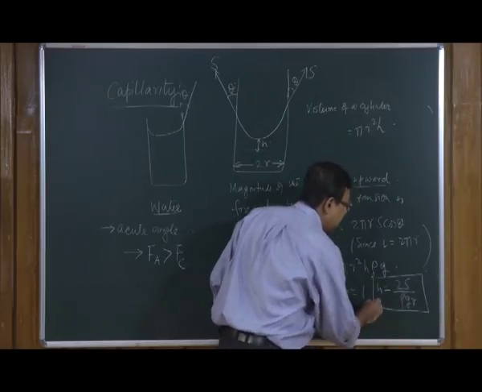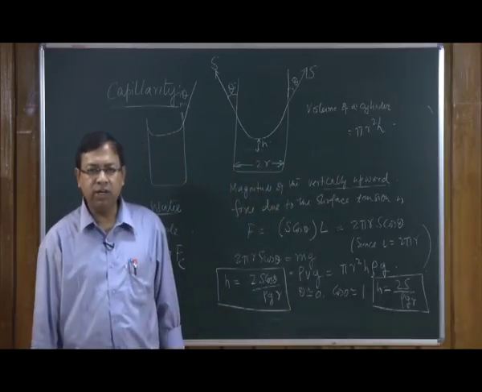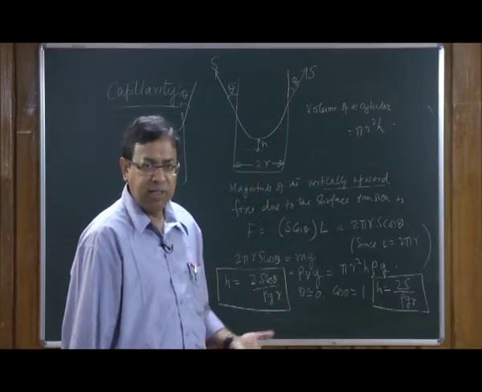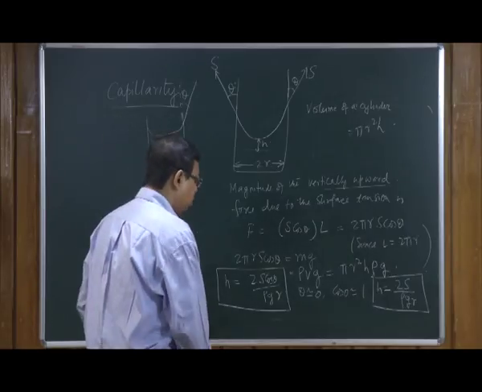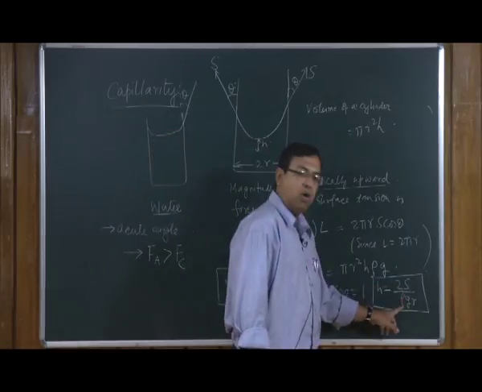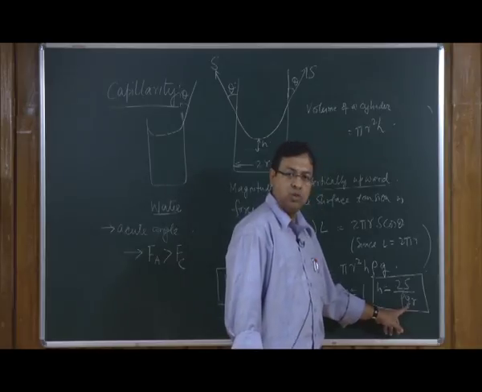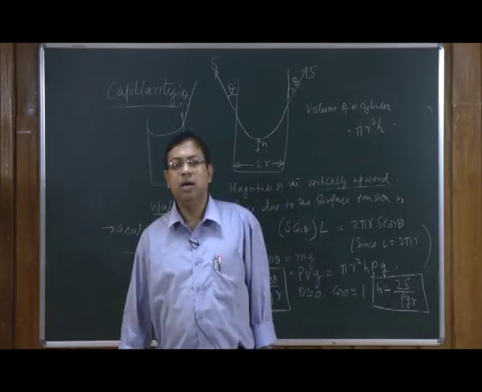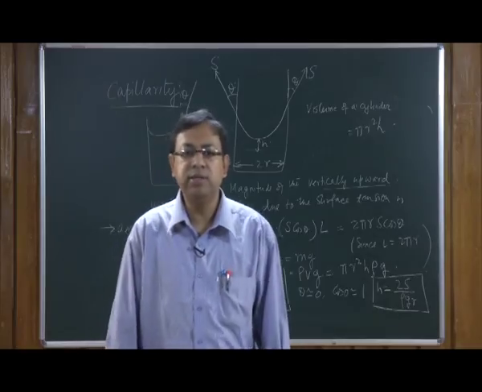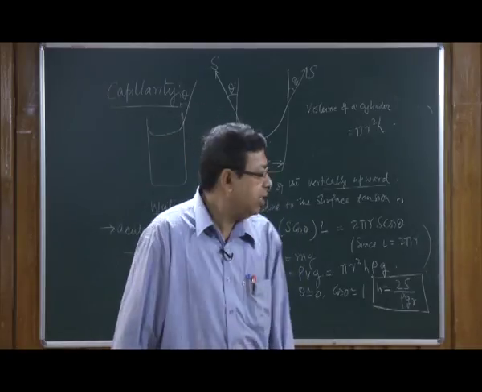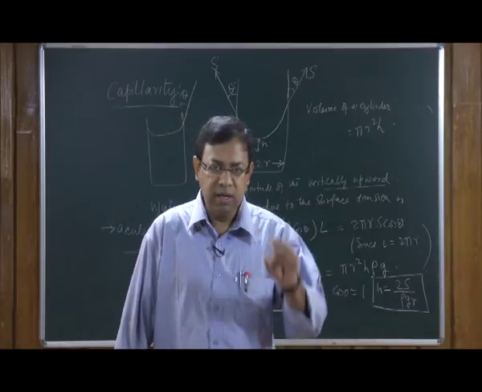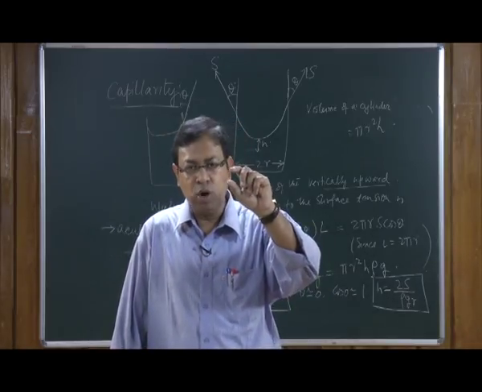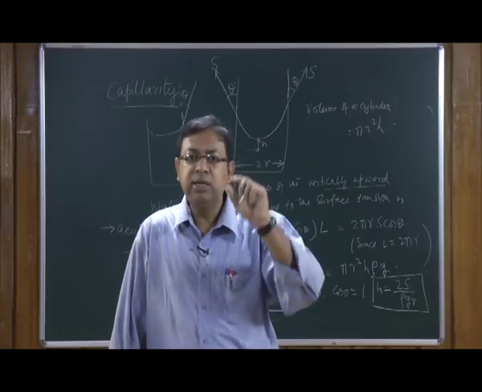Knowing the surface tension of water, and of course the temperature at which S is specified, rho is known, g is known, and the radius of the beaker is given, you can calculate the height that will be noted at the edge.